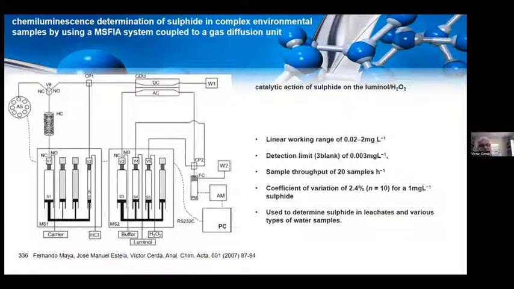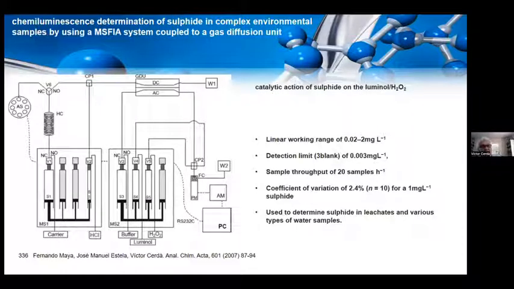The chemiluminescence may be applied also, for example, to determine some compounds that can provide gaseous components. For example, sulfide can be transformed to hydrogen sulfide by adding an acid.